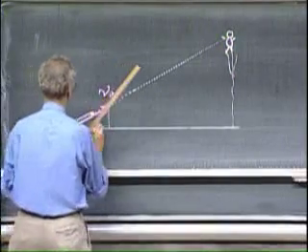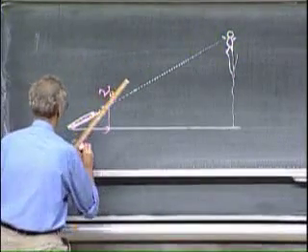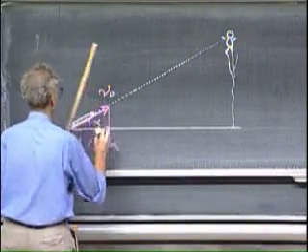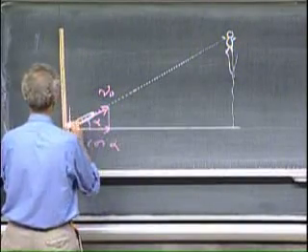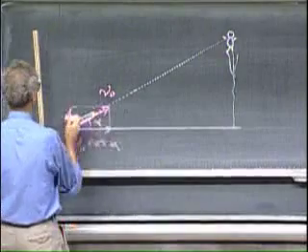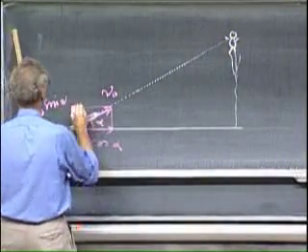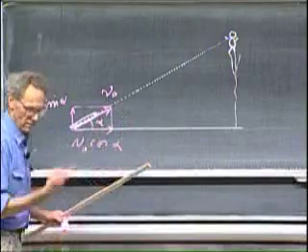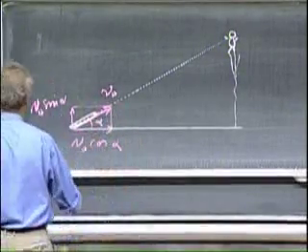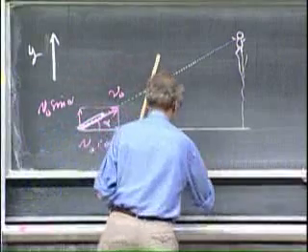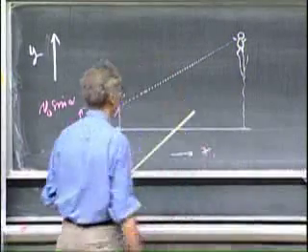So the horizontal component, you're going to see that again and again, v0 cosine alpha, and the vertical component equals v0 sine alpha. Let this be my increasing value of y, and this be my increasing value of x.